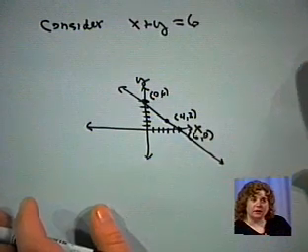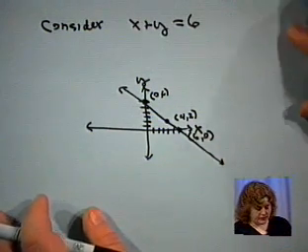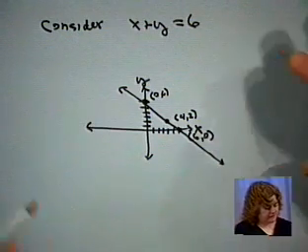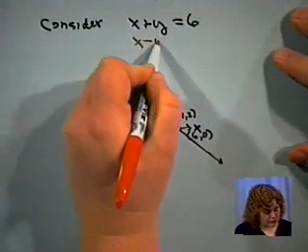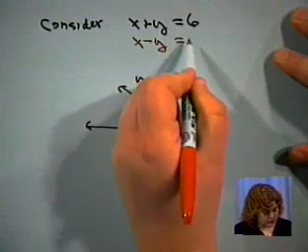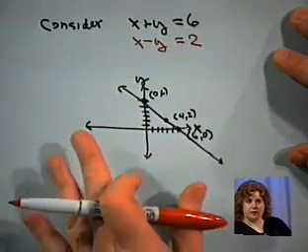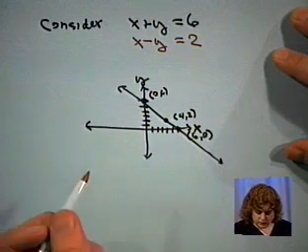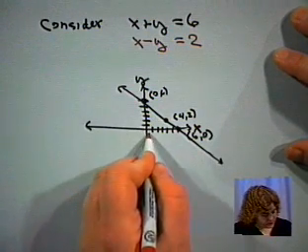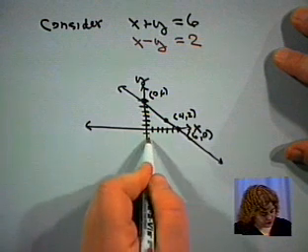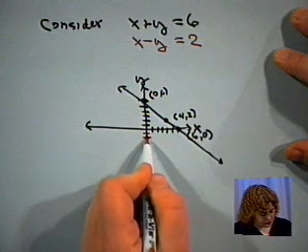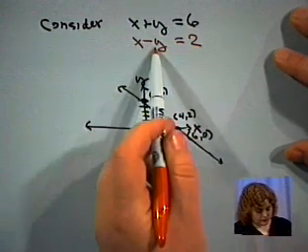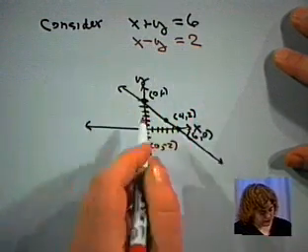I want to consider another equation at the same time. Let's consider x minus y equals 2. And I'm going to graph it on the same axes. So that's going to have the point if x is equal to 0, y is equal to negative 2. So I've got this, 0, negative 2. If y were equal to 0, x would be 2.